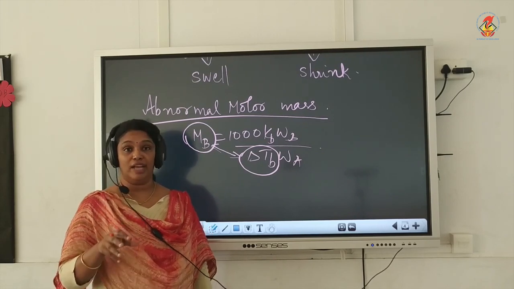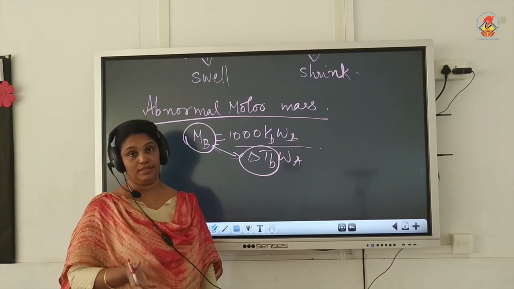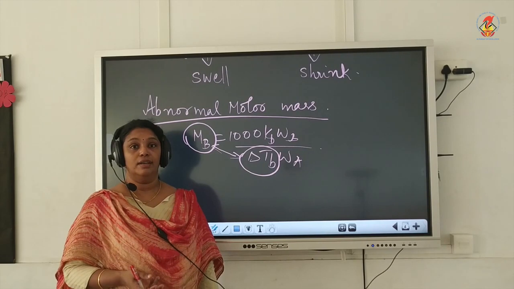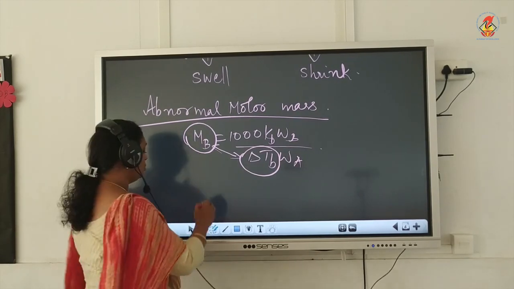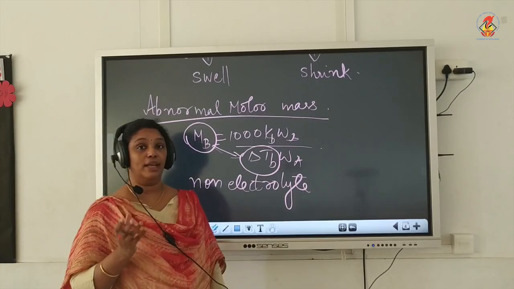Usually, we know these colligative properties are observed when we add a non-volatile solute. Suppose the solute added is a non-electrolyte. What do you mean by electrolytes?